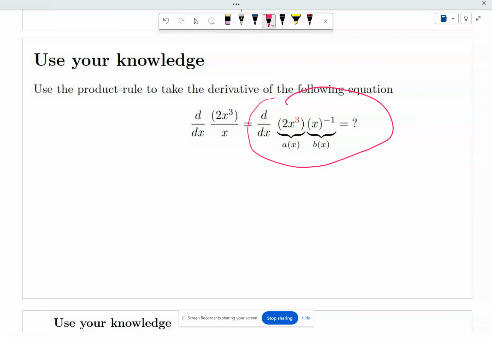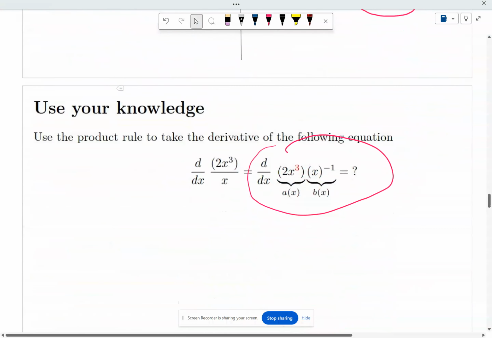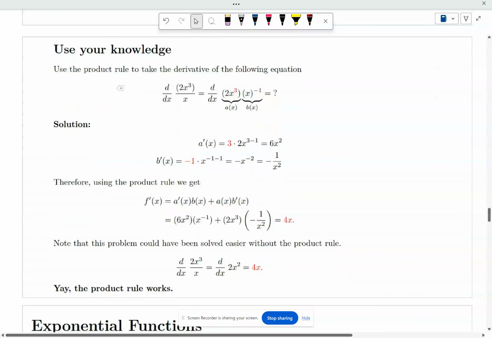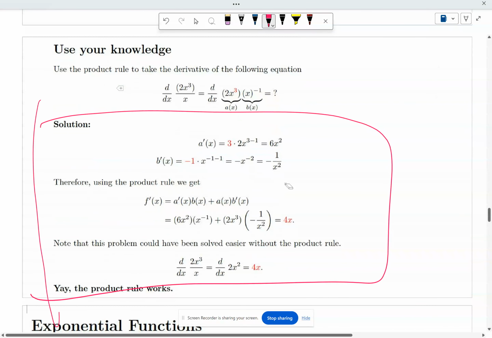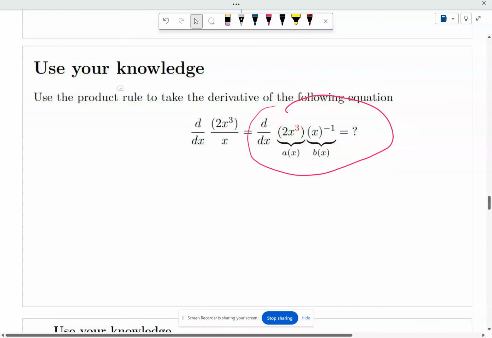All right, pause the video, take a second, try to solve it yourself. You can refer back to previous portions, and when you're done, the solution is here. So you can take a quick look on whether you were able to achieve the product rule. Okay, pause the video and do this, and we're going to move on.